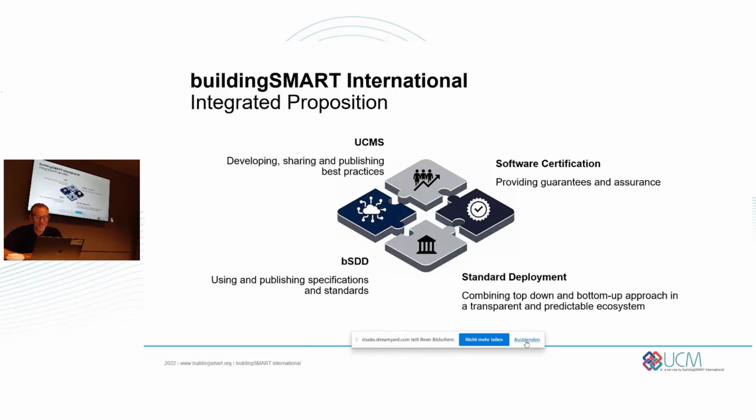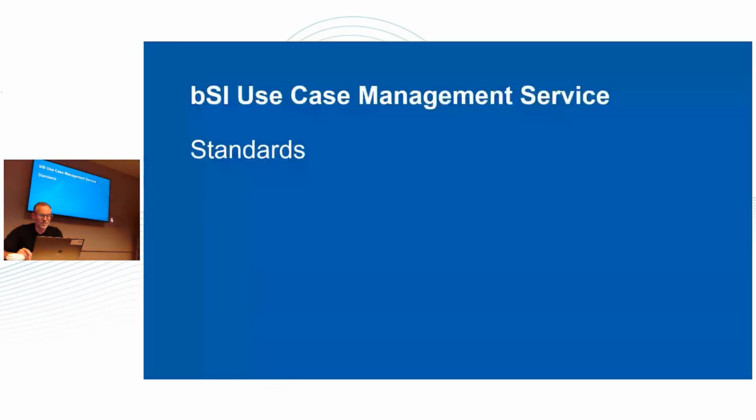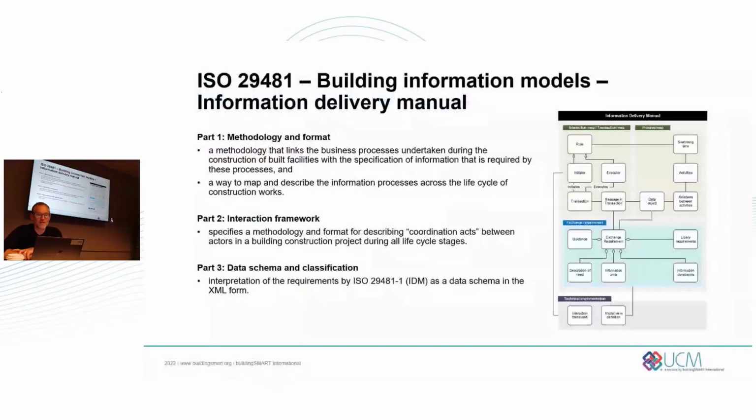Okay, perfect. So taking this further, what do we have as an established standard to actually define use cases? Obviously, the IDM, ISO 29481, is really the starting point for any use case. What do we have in a use case?